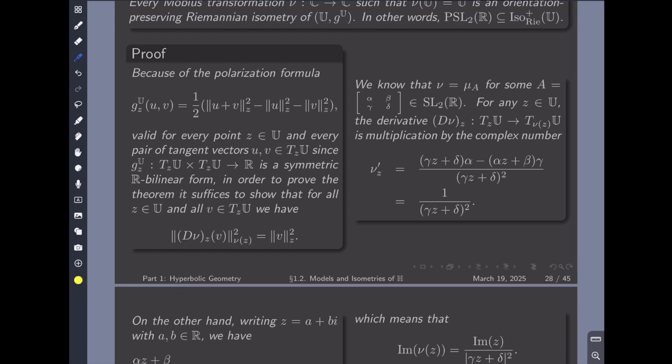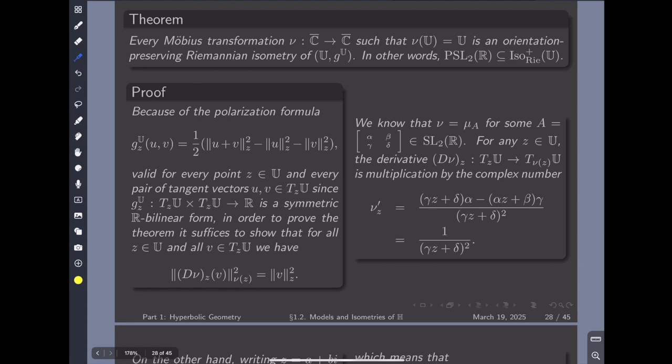Because of this, in order to show that it is a Riemannian isometry, it suffices to show that each of these expressions is invariant under the action of the Mobius transformation, which now is at the level of tangent planes. So if for every tangent vector anchored at a point z you have this equality, then you are going to have the corresponding equality for the whole dot product.